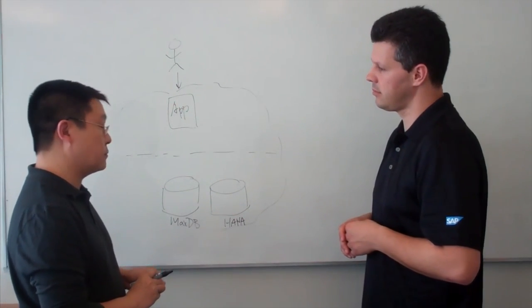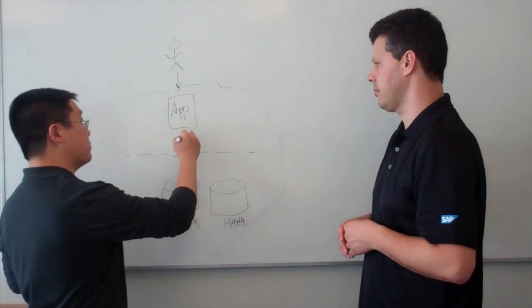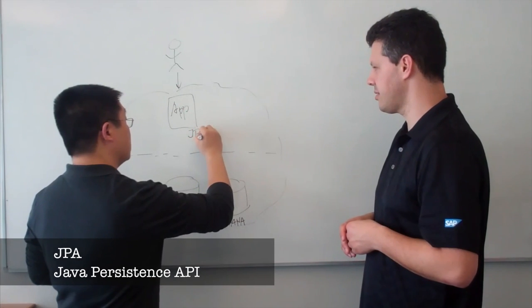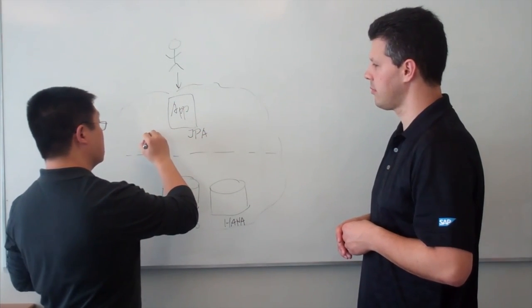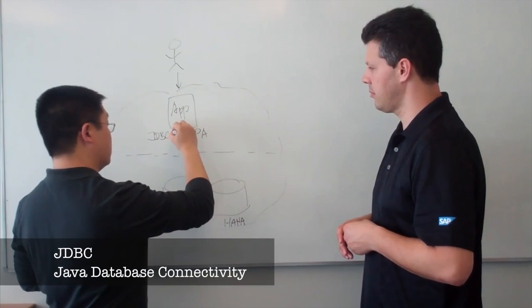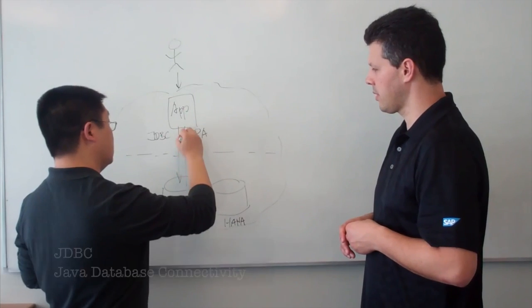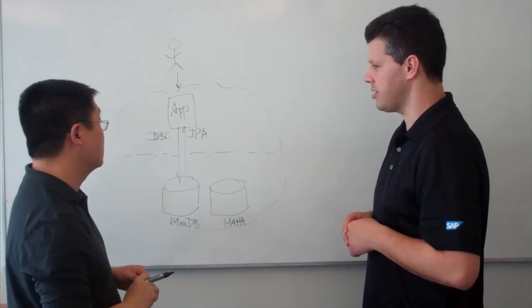We support two programming models. Our recommended programming model is JPA, the Java Persistence API. However, plain JDBC is also supported. And with that, you exchange the information between the application and the database.